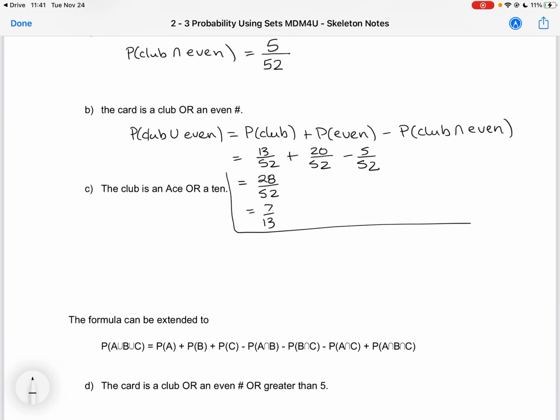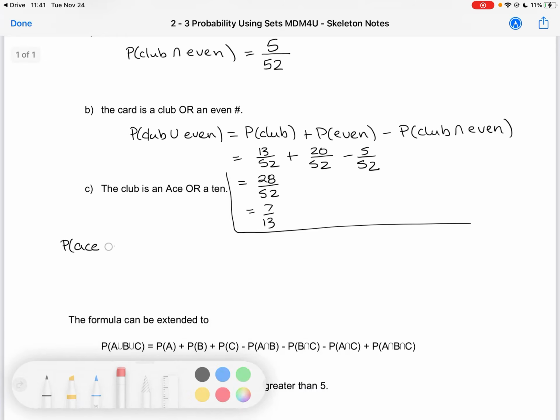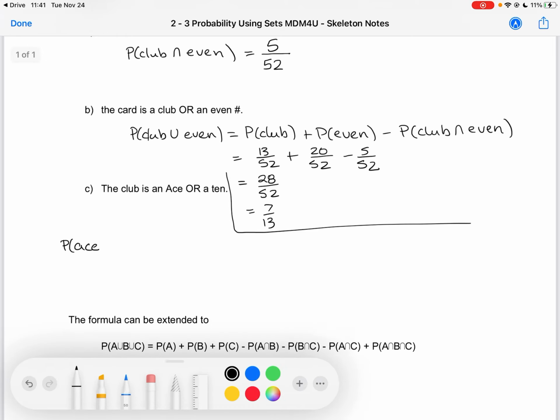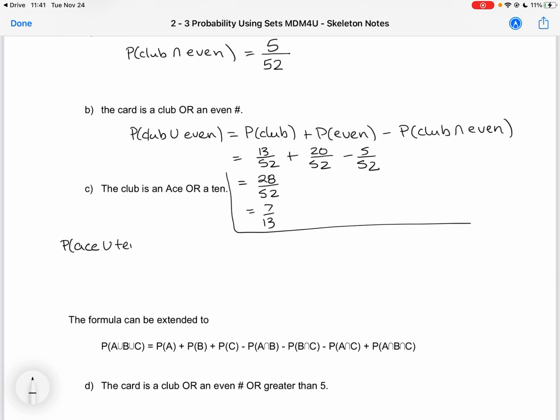The last one I'm going to do here with the cards is that a card is an ace or a 10. So we would have the probability that the card is an ace plus the probability that the card is a 10 minus the probability that we have an ace and a 10.